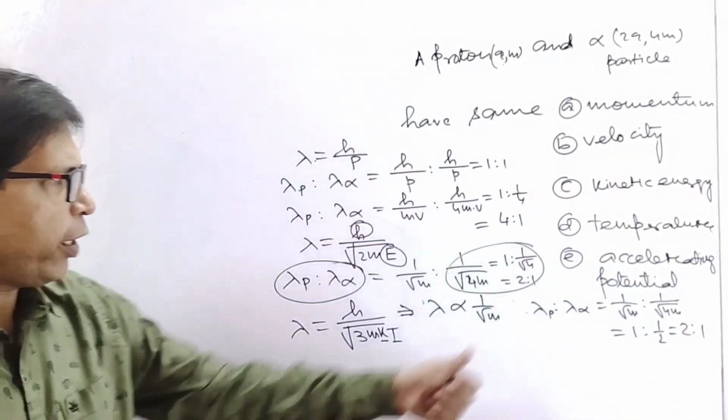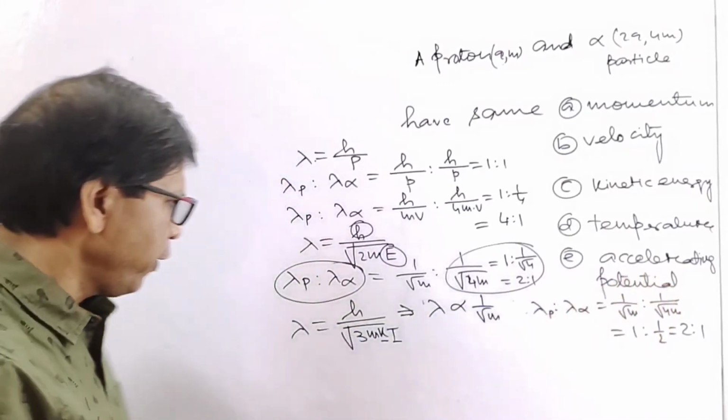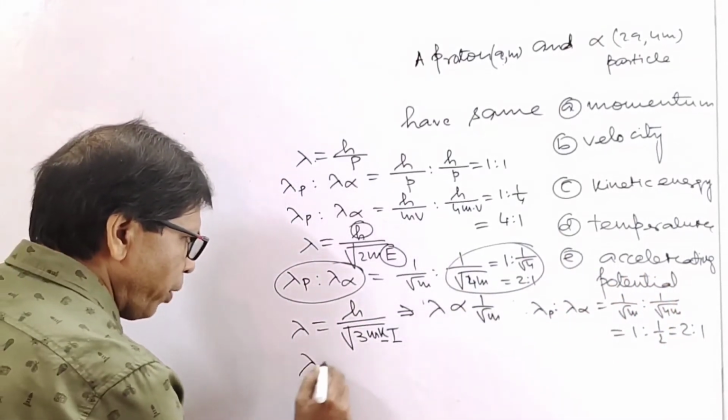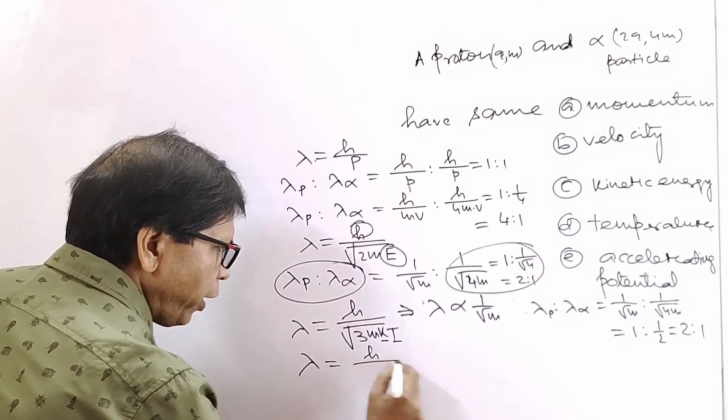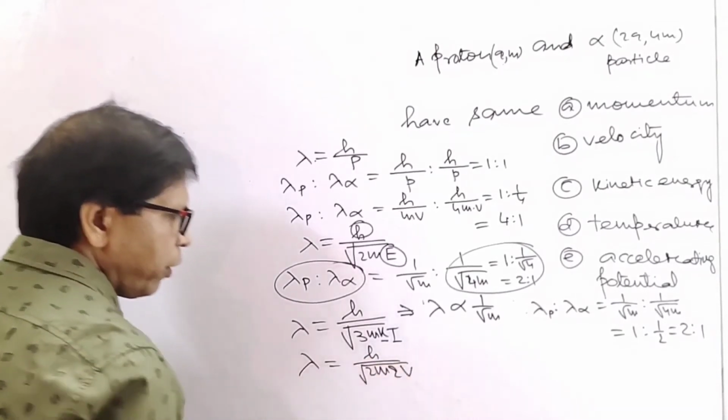And finally, in terms of accelerating potential, the de Broglie wavelength lambda is equal to h by root under 2mqV.